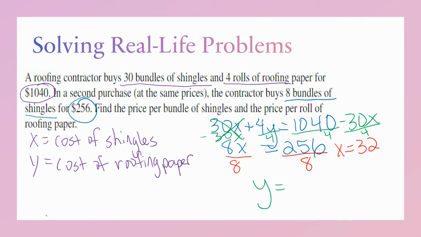When I do that, 4 divided by 4 leaves us with y equals 1040 divided by 4 is 260 minus 30 over 4 does not divide evenly, but it reduces to 15 halves x. And so my y-intercept is 260, and then my slope is negative 15 halves.